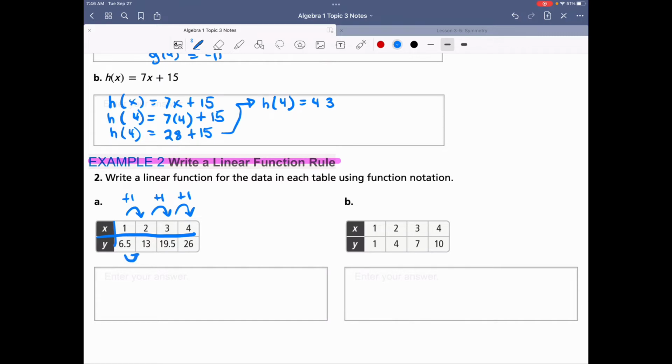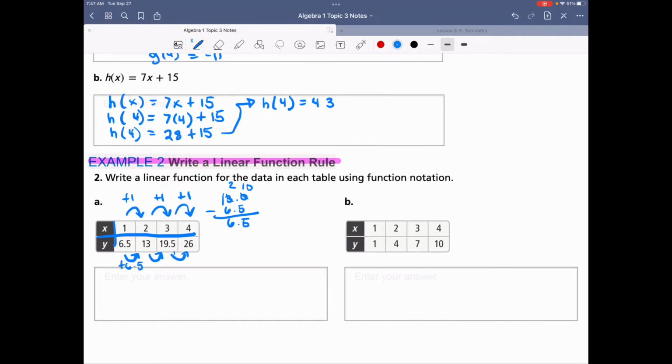And from 6.5 to 13, and 13 to 19.5, 19.5 to 26, we notice that if we subtract them from one another, that is adding by 6.5.